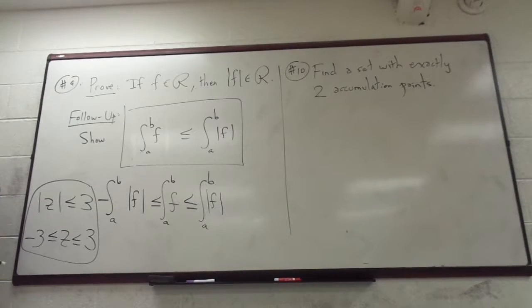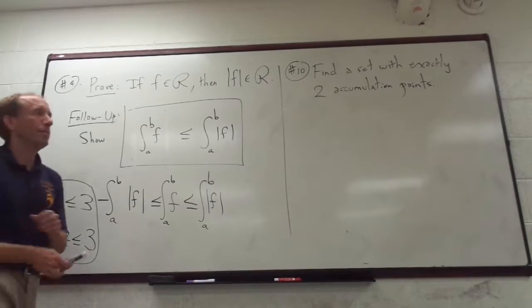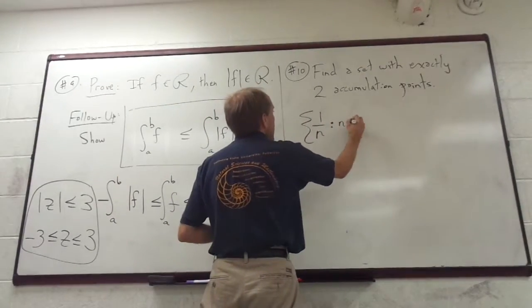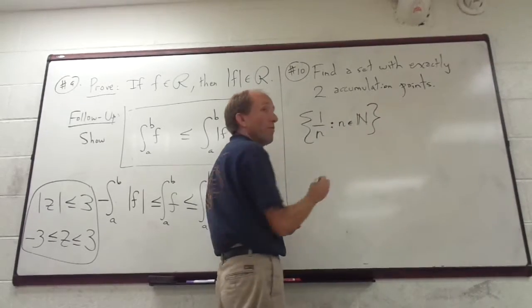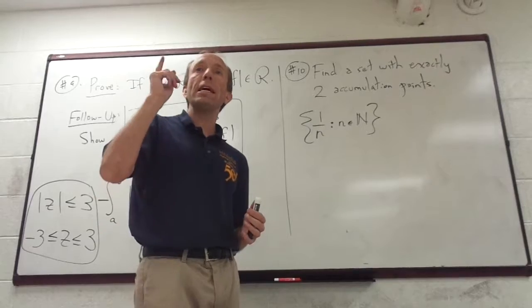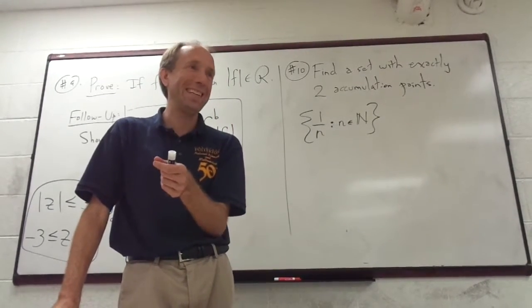Guys, remember these problems? Yeah. 1 over n for n a natural number. The thing about it is, whenever you have a convergent sequence, it always has exactly 1 accumulation point, which is the limit of that sequence.